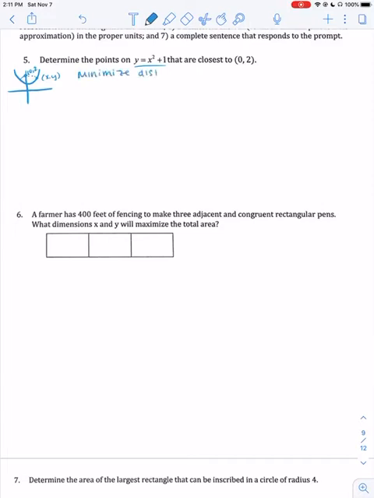And so you're going to use the distance formula. And we want the distance between the point (0, 2) and the point (x, y). So the distance formula is the square root of the difference of the x values squared plus the difference of the y values squared.